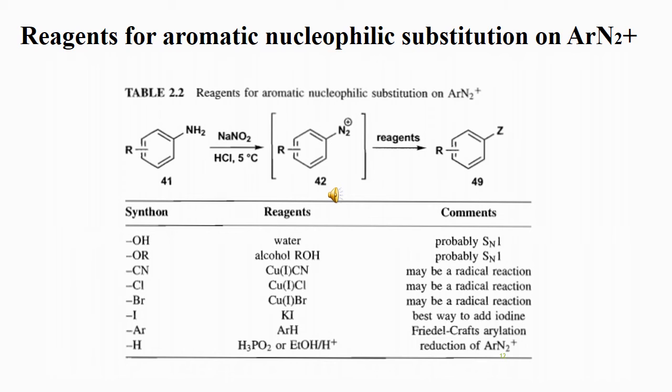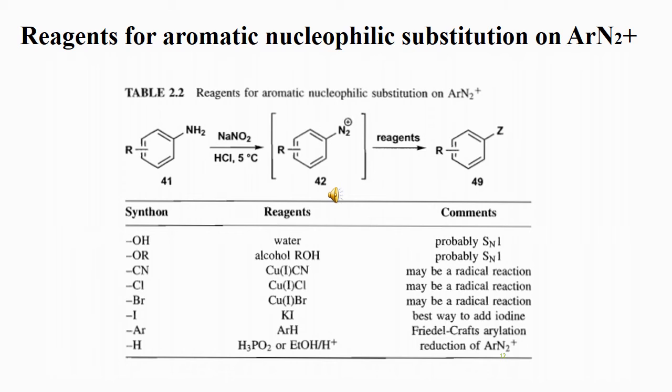Structure 41 is diazotized at 5 degrees centigrade, and then the diazonium intermediate 42 is formed. Then whatever nucleophiles are there, they attack, and 49 is formed, that is, the attachment of that nucleophile and the removal of N2 gas.